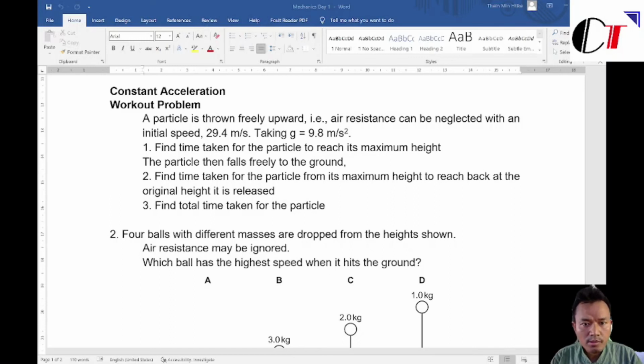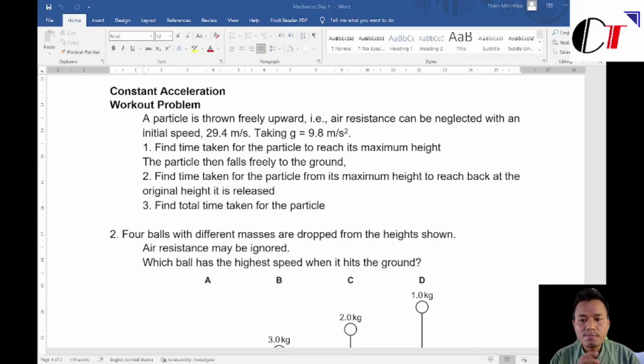In number 1, you are asked to find the time taken for the particle to reach its maximum height. In number 2, the particle then falls freely to the ground, and you have to find the time taken from its maximum height to reach back at the original height it was released. For number 3, the total time taken for the particle.